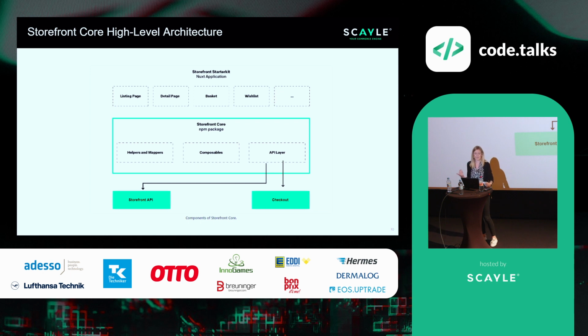Next to the Storefront Core, we also have our demo shop, starter kit, white-label solution, call it however you want. It provides a full front end, including all features and pages required for a modern front end. It is built in a way that makes it very easy to change, extend, or replace the whole appearance of a shop.